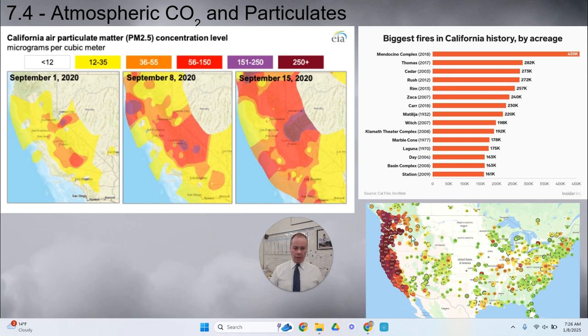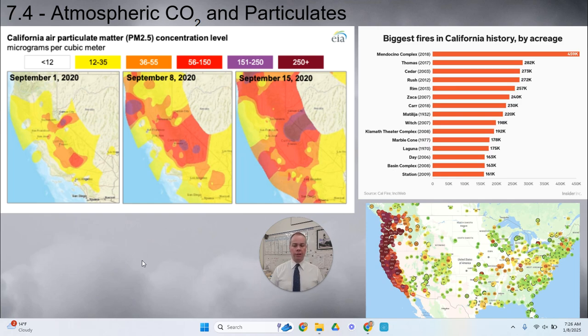And we can see this shows air quality index measurements throughout the United States. And obviously this was a time when in California wildfires are spreading particulate matter into the atmosphere, resulting in poor air quality. And we can see some of these wildfires in California have been enormous. Hundreds of thousands of acres have been burned in some of these wildfires.